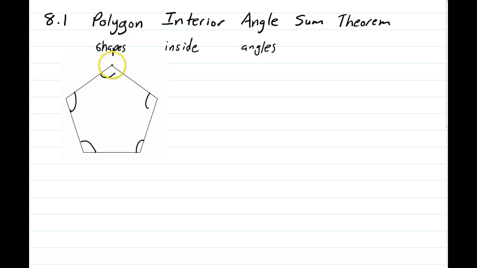So like we just saw, we know that this pentagon is going to add up to 540 degrees. Well, we have a formula that's going to tell us this for any shape. The formula is n minus 2 times 180 degrees, where n represents the number of sides.